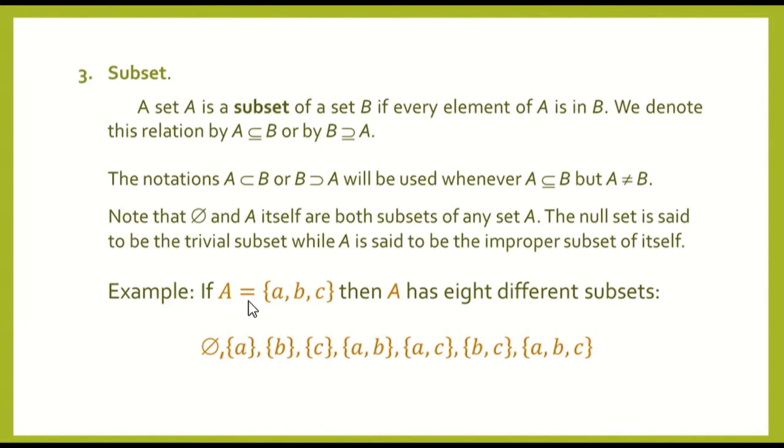Example, if A is equal to A, B, C, then A has 8 different subsets. 8 kabuok ang subsets ni set A. So, we have the empty set, we have the subset A, subset B, subset C, then we have subset A and B, subset A and C, subset B and C, and we have A itself, which is A, B, C. So, if we have 3 elements, the number of subsets is 8.